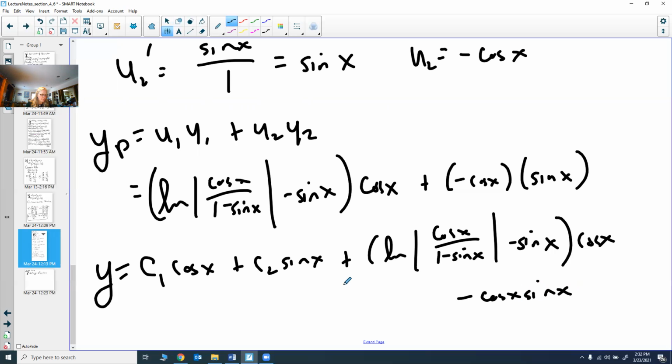And there's that particular solution. And this is all you do with this: you find that associated homogeneous equation, find your complementary solution, and then use that to find your Wronskian, and use that to then find the rest using Cramer's rule.